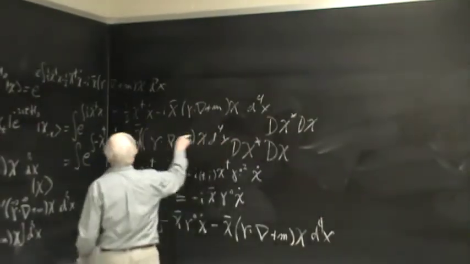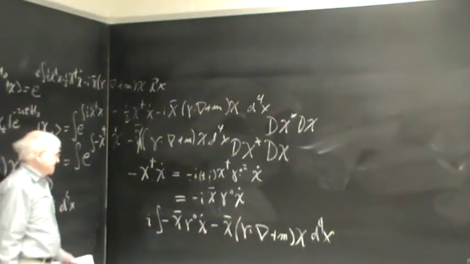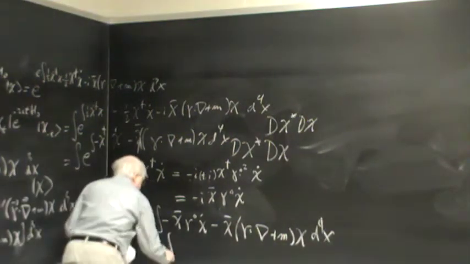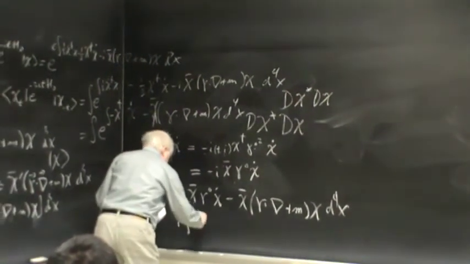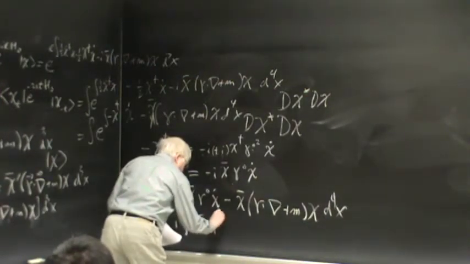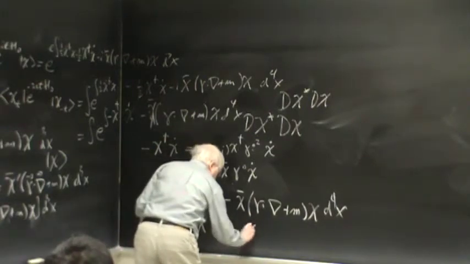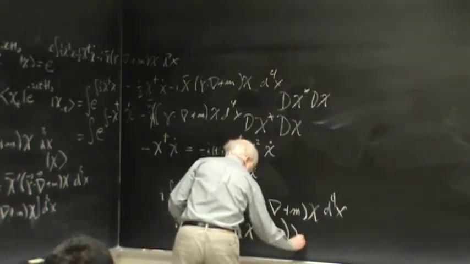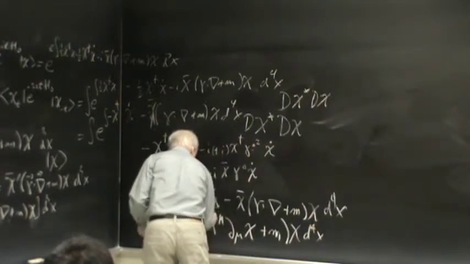So I'm just doing the argument of the exponential. And now you see what this is. This is actually I integral minus chi bar gamma mu d mu chi plus m chi d fourth x.